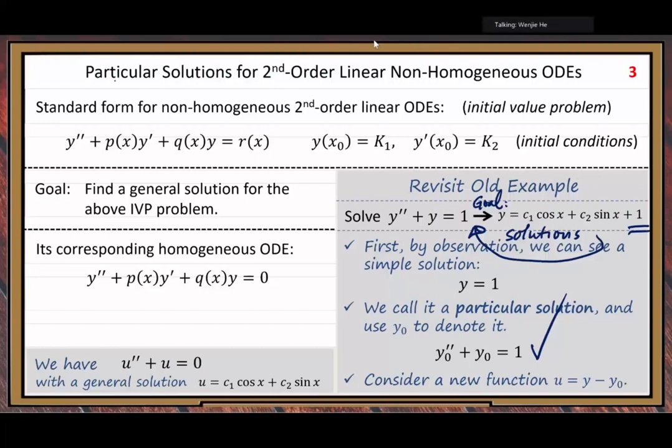For example, a function is usually like a curve, right? But most of the time in the real world, you will not get a formula for this function. What you get is the numerical values on sample points.